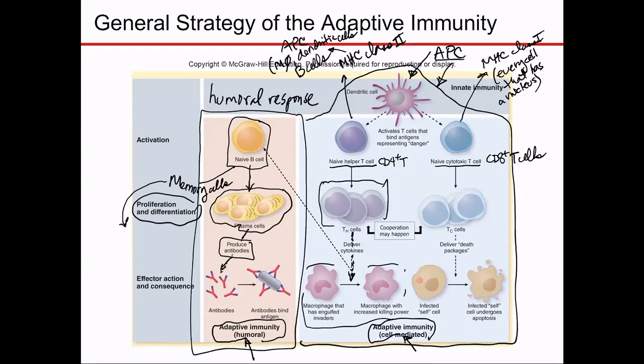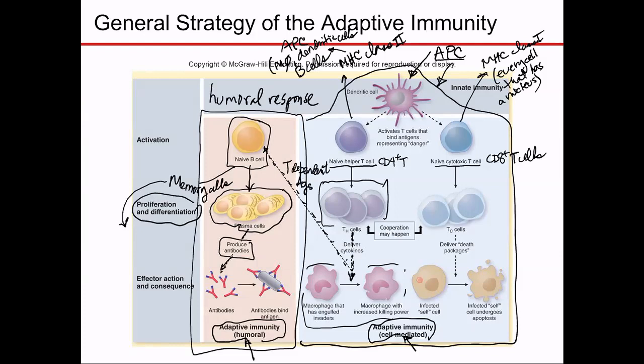Also, these effector T helper cells that get activated may also produce cytokines that may aid in the process of differentiation and proliferation of B cells. And this will be particularly important in a particular group of antigens that we call T-dependent antigens.